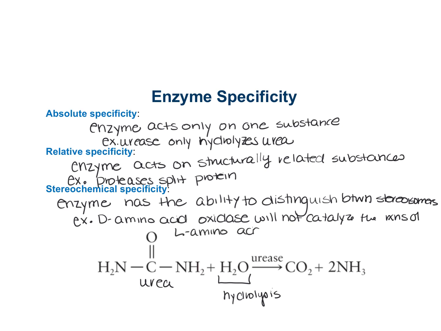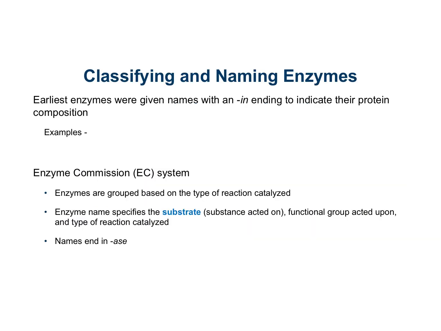Just won't happen. Okay. Now, one of the things you've probably noticed as we've gone through is I continue to talk about enzymes, and notice these enzymes all end in ASE. So let's talk about how we name enzymes. There's really two systems that we have. Historically, some of the earliest discovered enzymes were given names that ended in IN to indicate that they were proteins.